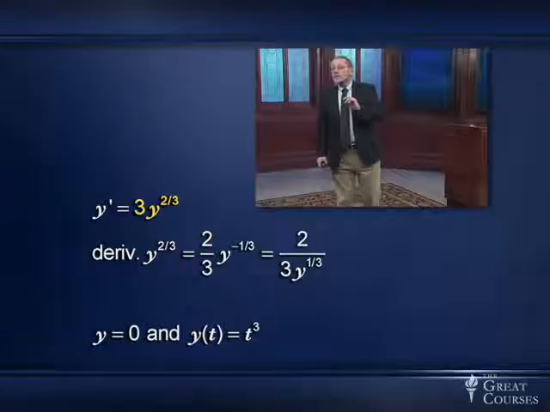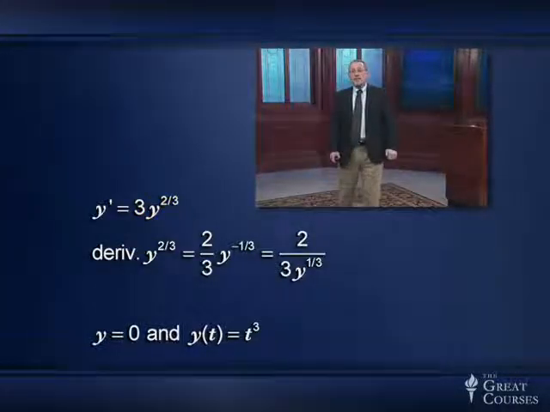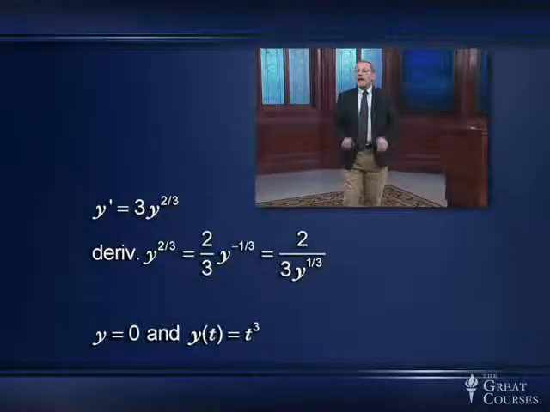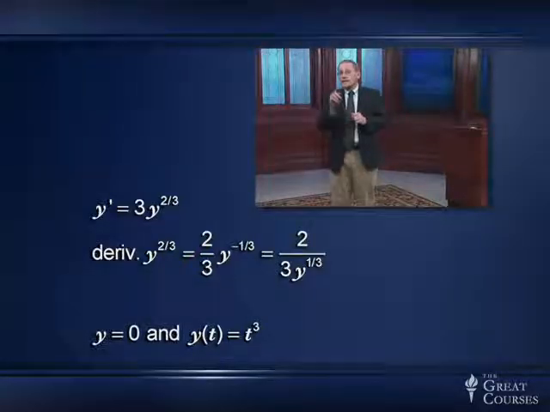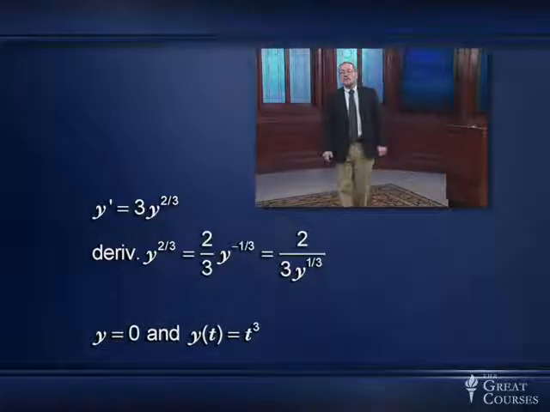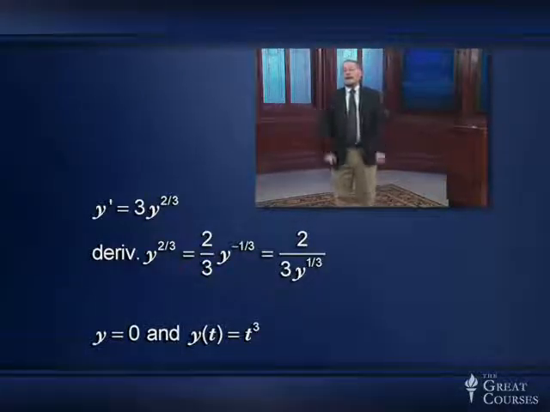The function y of t equals t cubed solves that equation. Differentiate t cubed, you get 3t squared, and that equals 3 times t cubed quantity to the 2/3 power. So yes, t cubed is a solution to that differential equation. But so is y identically equal to 0.